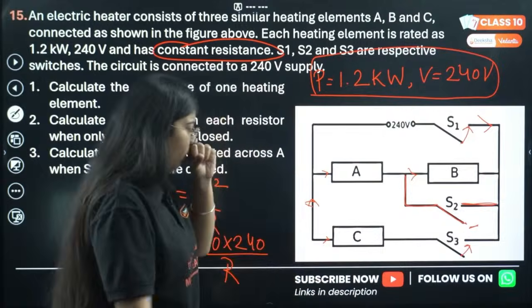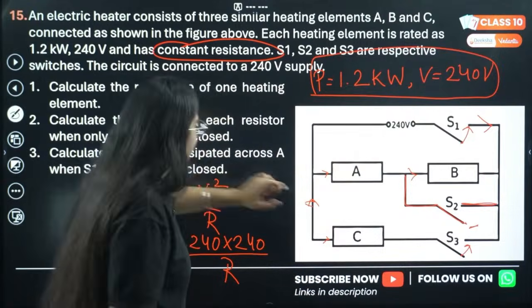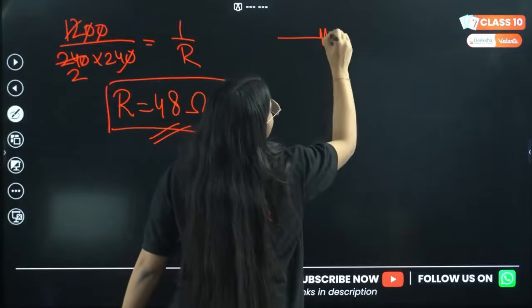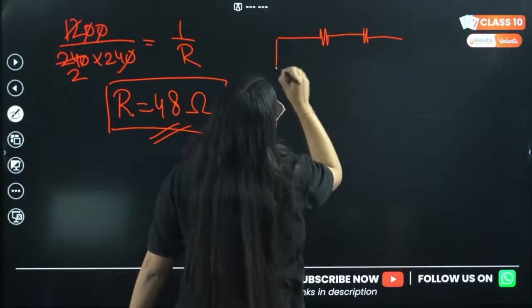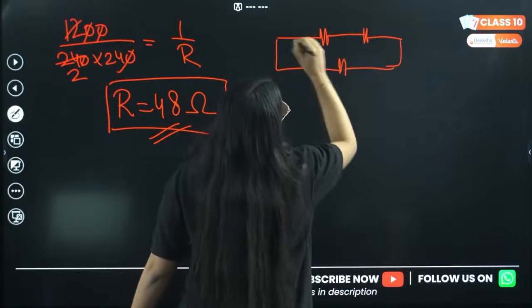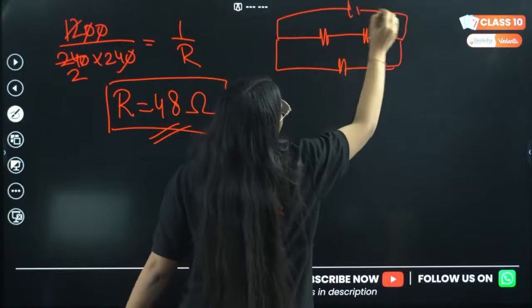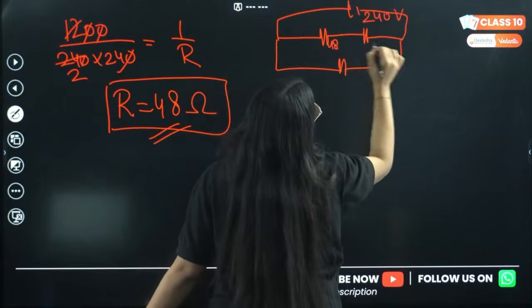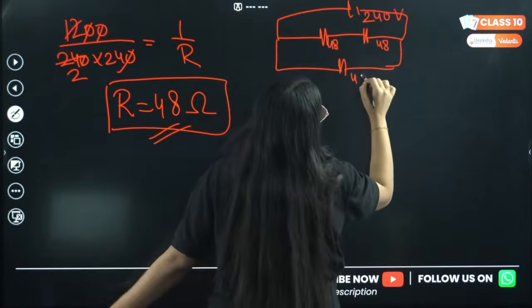So now let's draw the circuit again. This is A, this is B and this is my C, and this is the voltage, 240 volt, with 48 ohm, 48 ohm, 48 ohm.